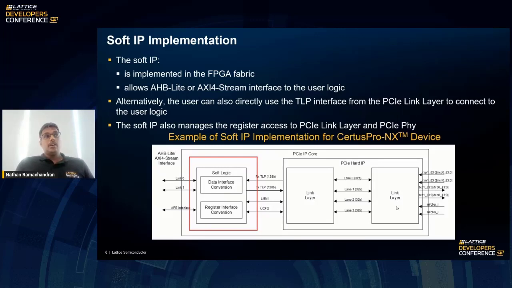The link layer also offers a lot more registers, even registers like the config space registers of the endpoint. You can also access them using the LMI or the APB. One of the following slides will actually cover, at a high level, what the register content of the link layer is.